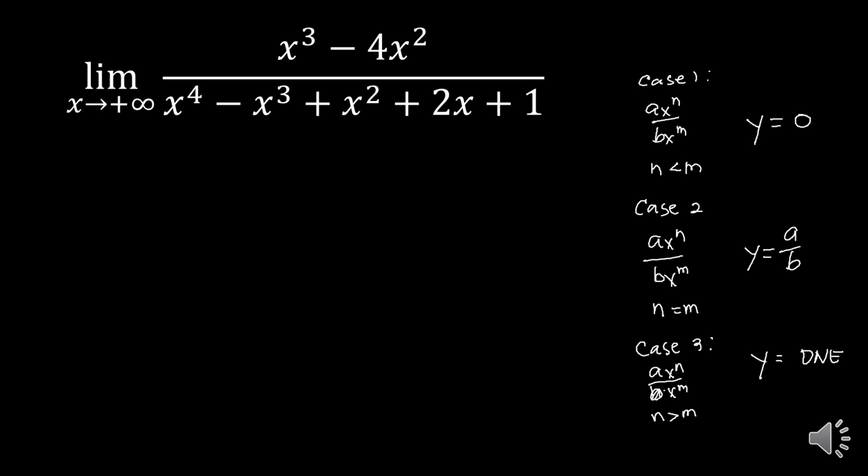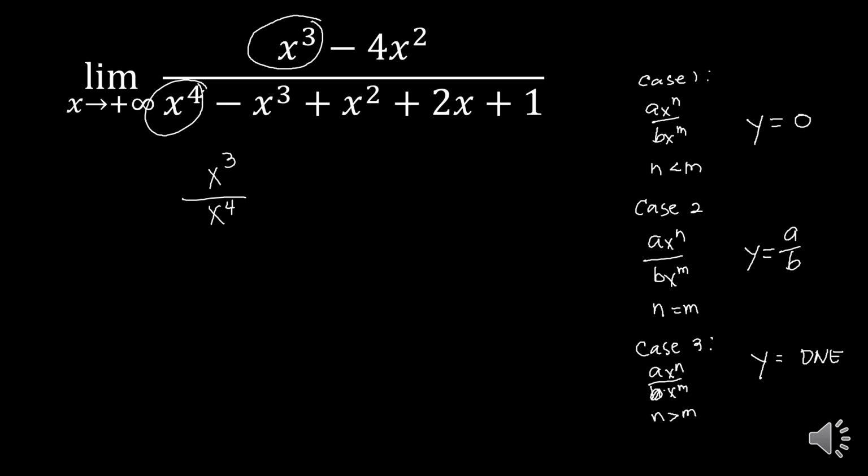So let's start off with this example. If you look at the numerator, you get the term which has the highest exponent on x. This time we have our x cubed, so we will be getting that one. And then at the bottom part, we also get the highest exponent term in there. So we have our x to the power of 4.